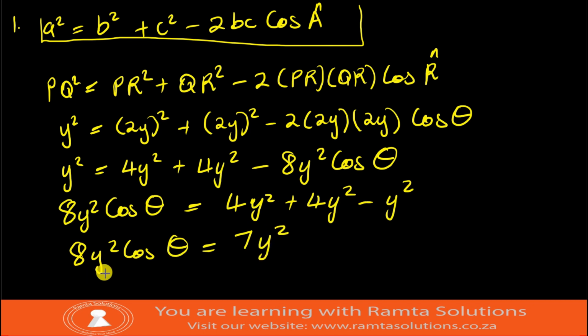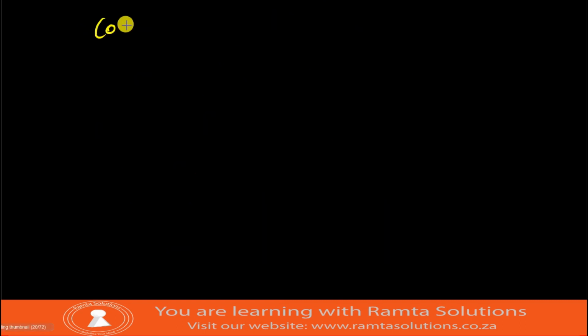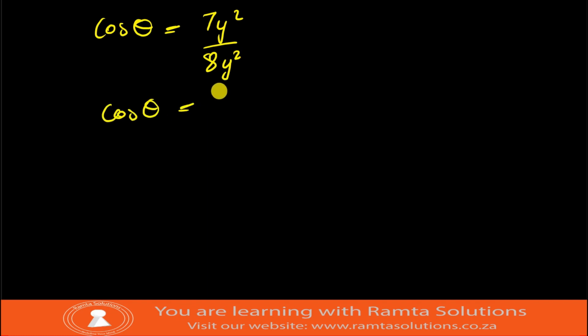Dividing by 8y squared throughout, we will have cos theta equals 7y squared over 8y squared. So I will leave this as 7 over 8.